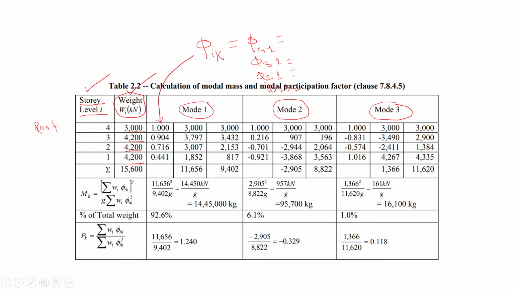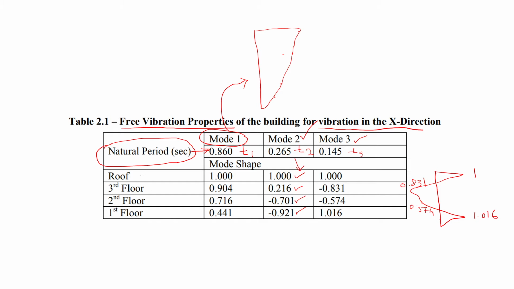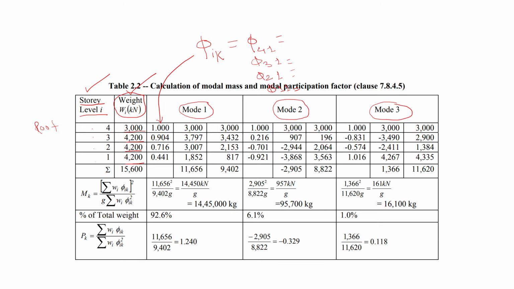These values are already given to us in this particular slide. You can see here. We will use them here: 1, 0.904, 0.716, 0.441.